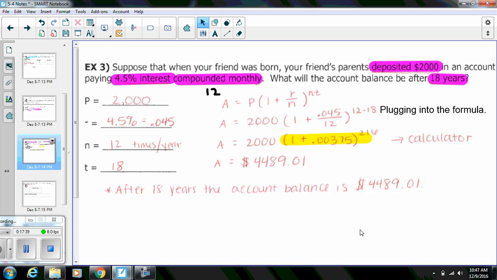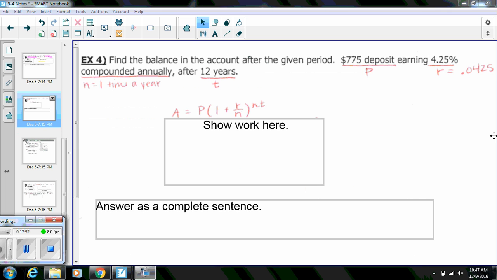So the difficulty here is memorizing the formulas. Once you have those memorized, the plugging into the formula is easy. It takes some practice. So what I want you to do now is pause the video, try this one out on your own. All right, I kind of set up the problem for you. I did some annotating.